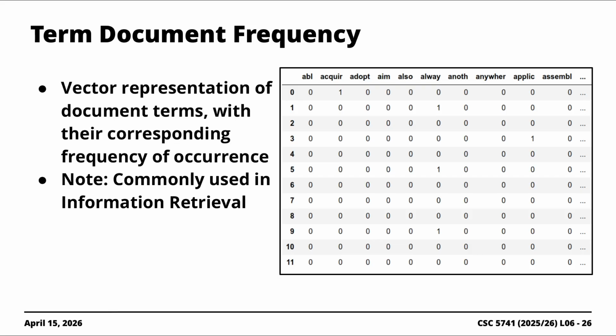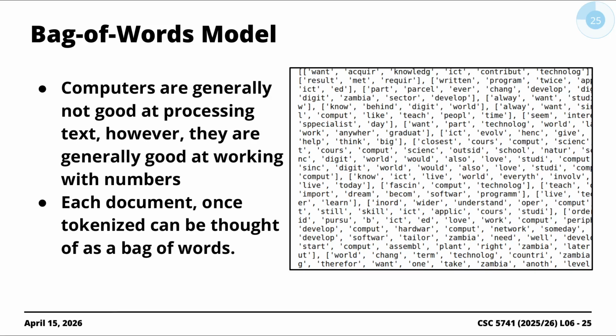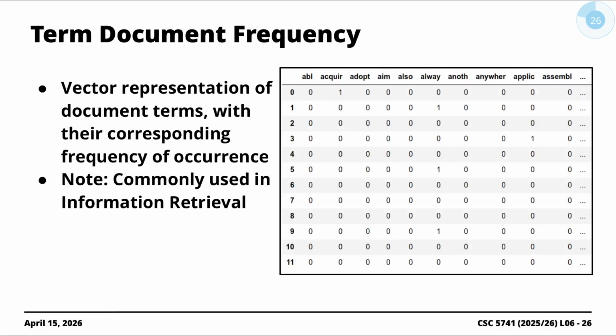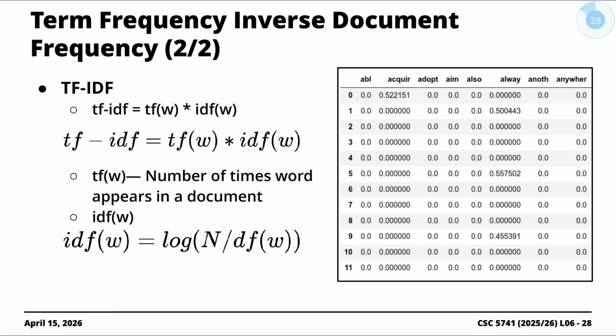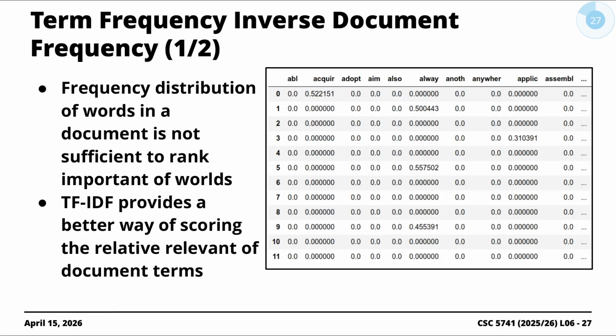Before the advent of semantic search, this was once a crucial part of information retrieval. That's neither here nor there. The goal here is to move from text to numbers. How do we do this? The bag of words model is the simplest way of doing this.